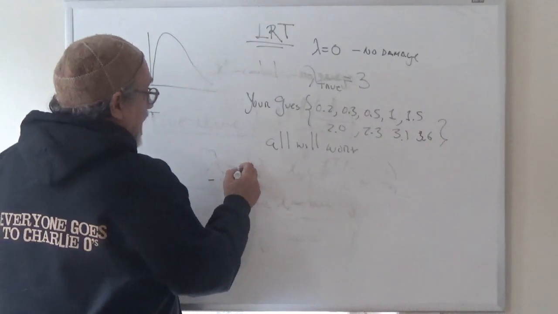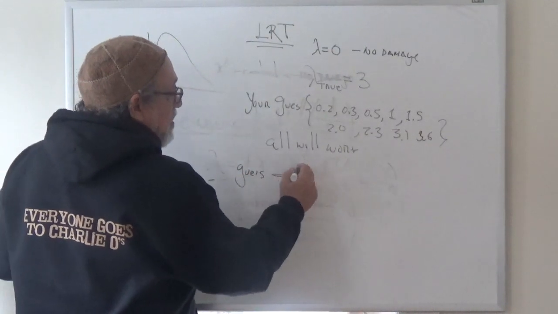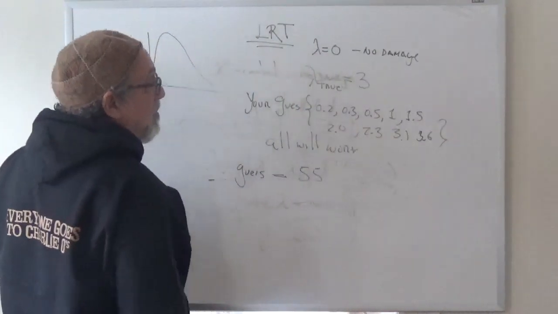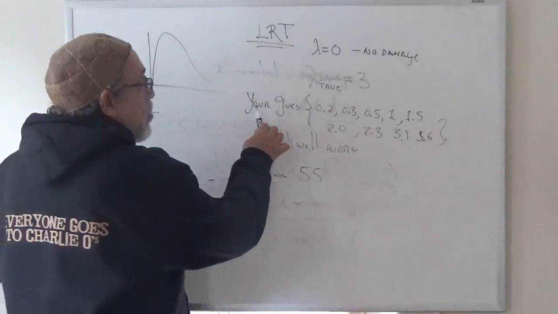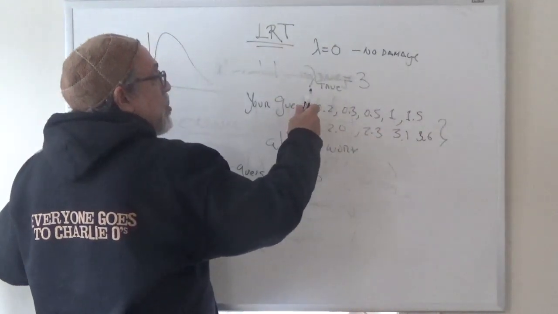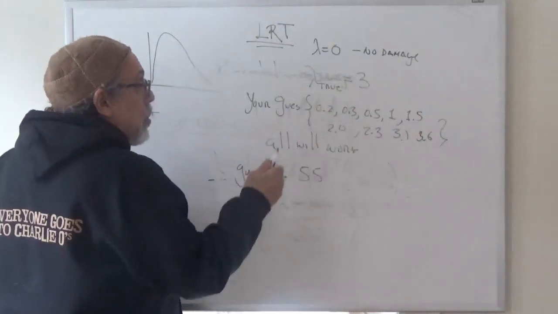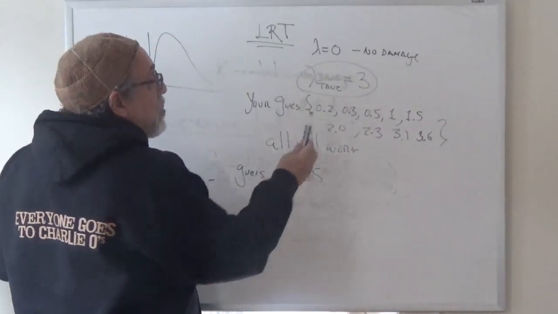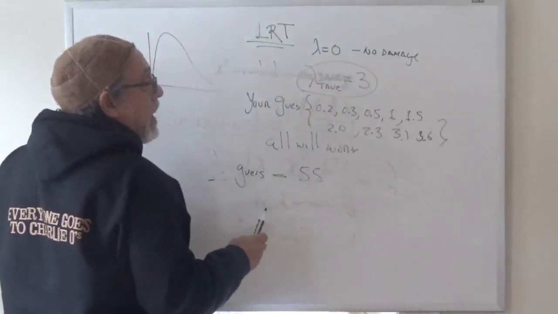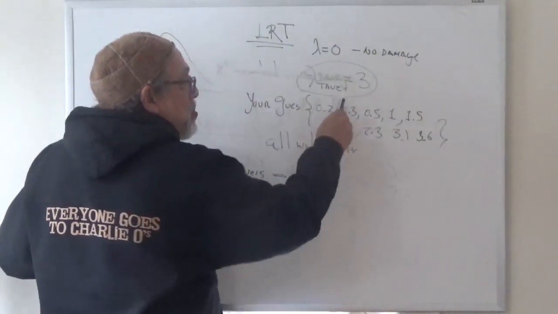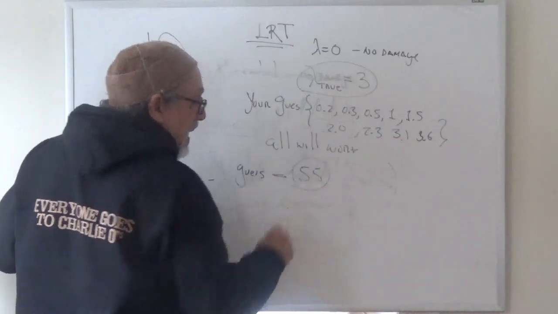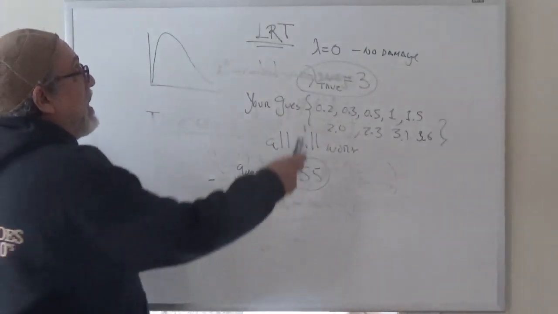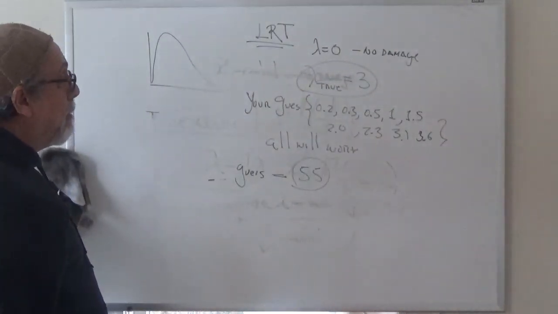However, if you said that your guess for the non-centrality is 55, then the procedure is going to say, no, 0 is better than 55, right? So the point is that your non-centrality guess should err on the small side of the true non-centrality. And there is no need to err by a little bit. You can err by quite a bit, and you could even err going on the other side, because 3.3 would still work, but you cannot do something like this, because if your non-centrality is just 3 and you assume 55, the data for lambda 0 would be more likely. Okay?